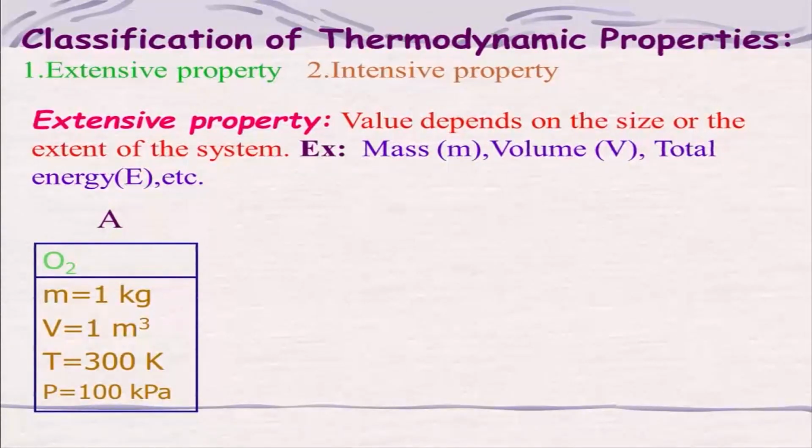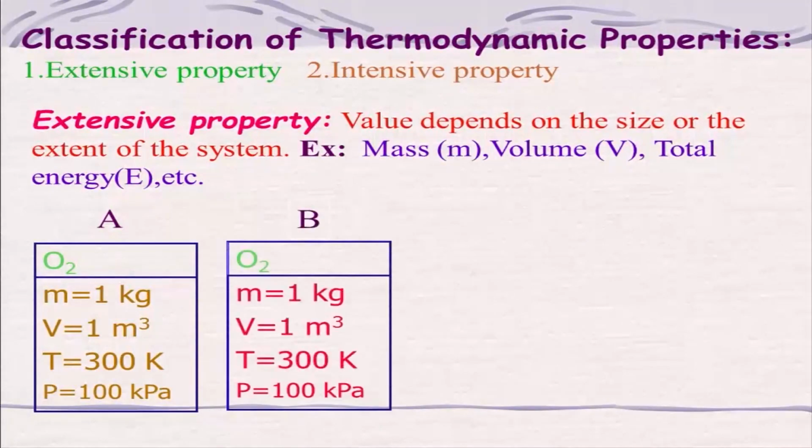Let us say there is a cylinder which contains oxygen, 1 kg of mass and 1 meter cube, at temperature 300 Kelvin and pressure of 100 kilopascal. And there is another cylinder B which contains the same oxygen, 1 kg, 1 meter cube, 300 Kelvin and 100 kilopascal.